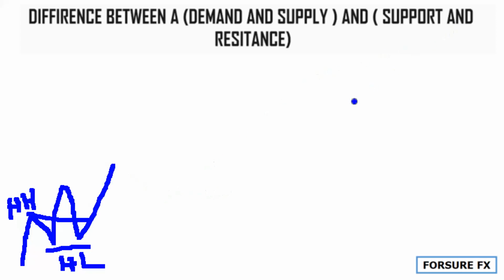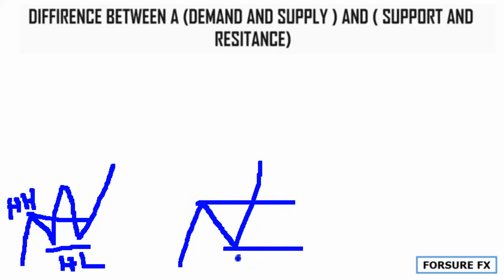For support and resistance, as the price is going to the upside, it pulls back and pushes to the upside. This is the range where we have our higher high, our higher low, and higher high.